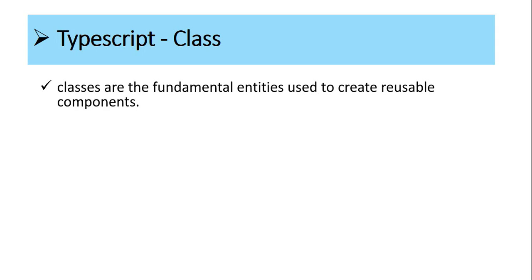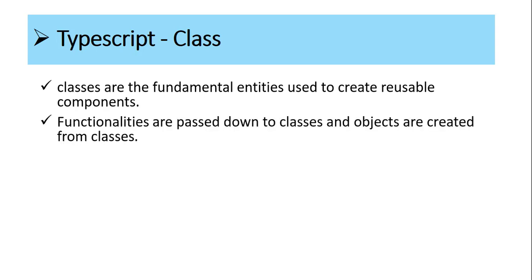That's why it is known as a reusable component. Functionality is passed down to the classes, that means the functions and behavior of a particular entity, and from that template we create objects, and those objects we can use in the program.